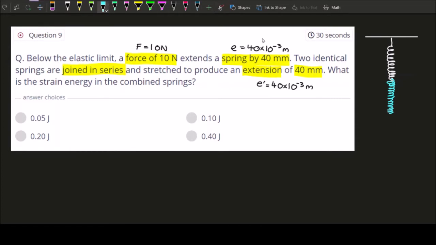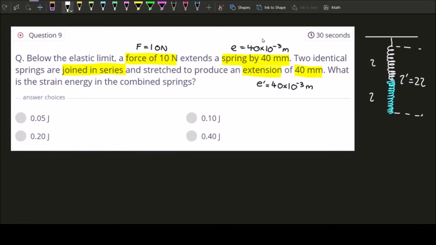So this will be the original length, and you add on another identical spring, so the new length will be equals to 2L. That's the new length of this spring because it's joined in series.